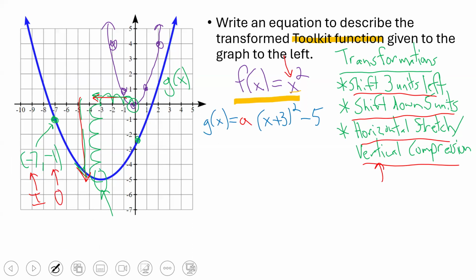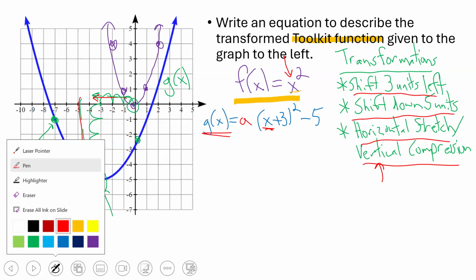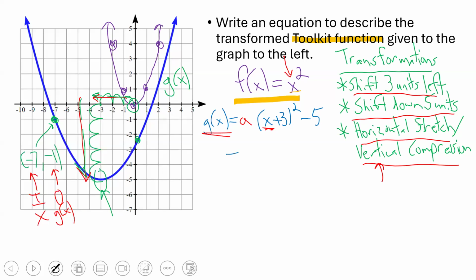In the case of our equation, our input variable is x, so we can think of that -7 as being x. Our output is represented by g of x, so that -1 represents g of x. And so I'm going to replace those two values in the equation in their corresponding places.